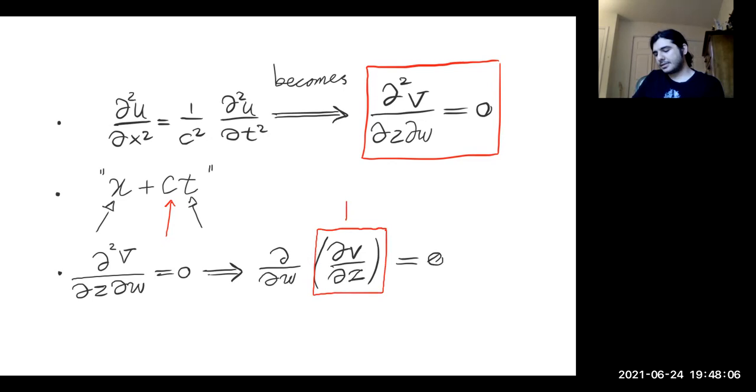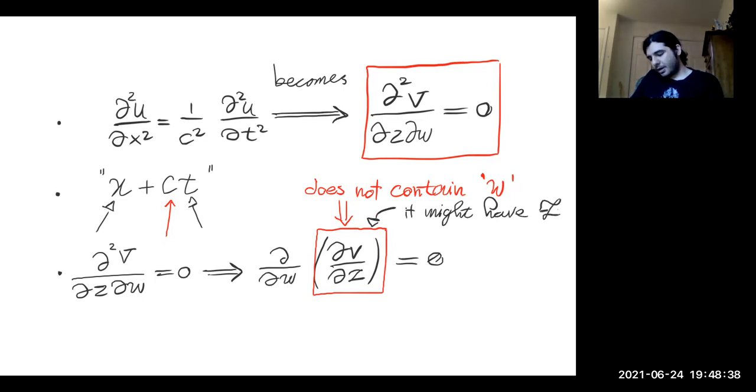So this part does not contain any w, it does not contain any term which has w in it. So this thing can only be constant, or it might have z. So this partial derivative of v with respect to z is a function of z.